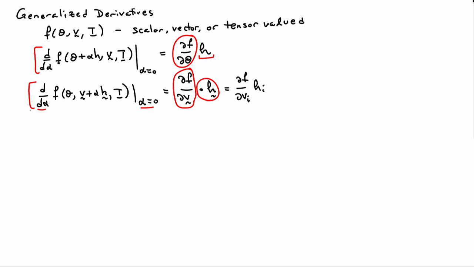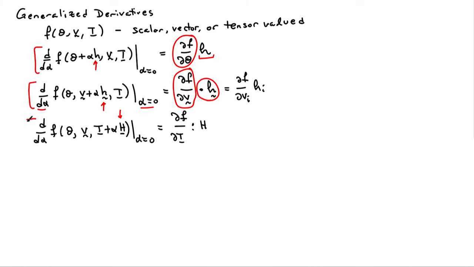And we can keep going. We can also do this with the tensor argument. So I can replace t with t plus alpha h, where now my h here is a tensor. Up here in the vector case it was a vector, and in the scalar case it was a scalar. So I keep changing what it is. But I take now the derivative of this expression here with respect to alpha, set alpha equal to 0. And what that's going to give me is the derivative of f with respect to the tensor double contracted with h.